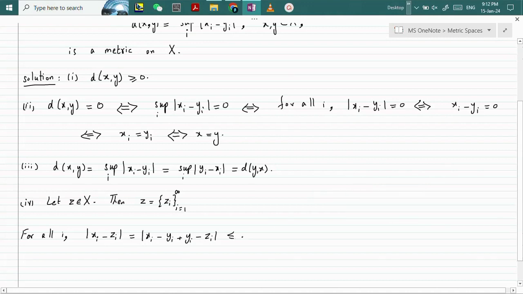Then we get mod of xi minus yi plus mod of yi minus zi, and definitely this is less than or equal to the supremum of mod of xi minus yi, plus the supremum of mod of yi minus zi.